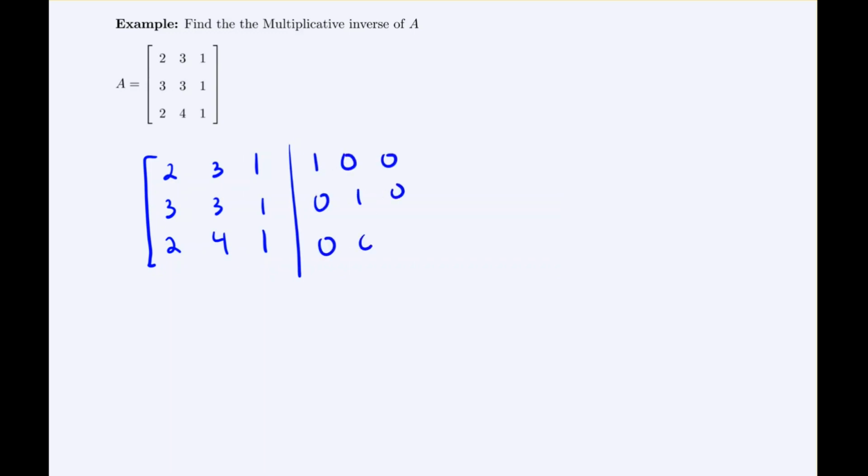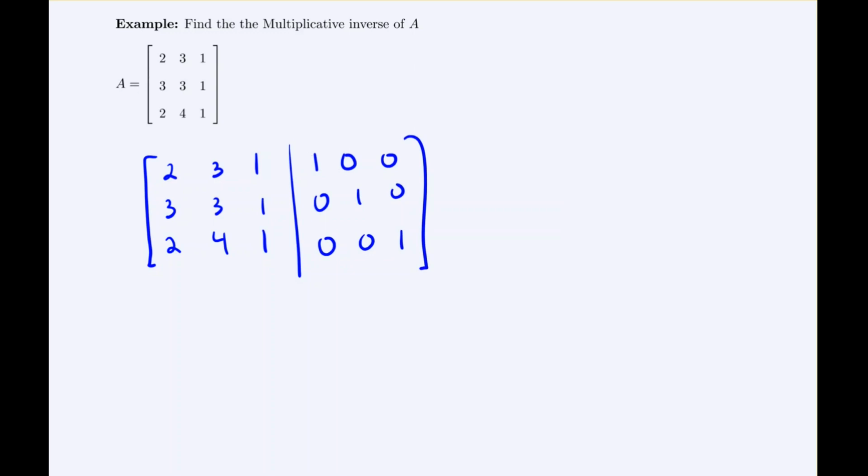So in this case, we write down the exact matrix we started with. And then we write next to it the identity. Now this is a 3 by 3, so the identity is 1, 0, 0, 0, 1, 0, 0, 0, 1. Remember, there's a nice pattern. There should be 1s on the diagonal.